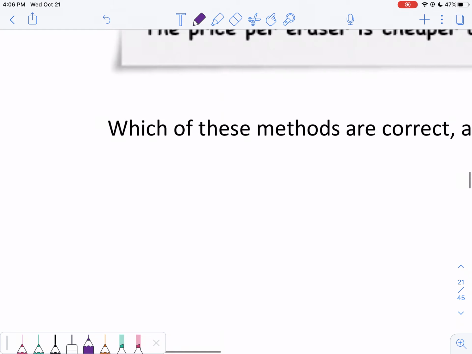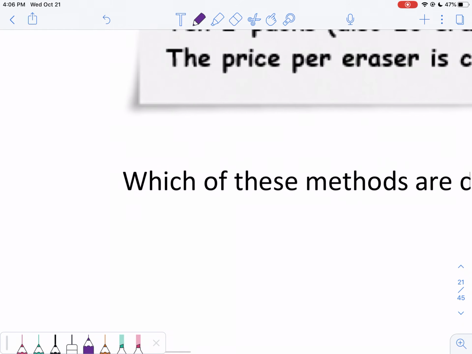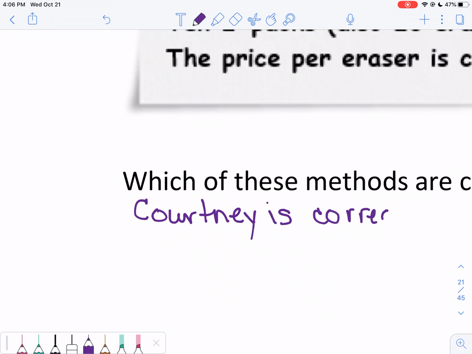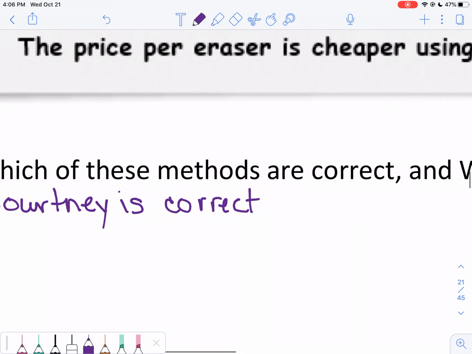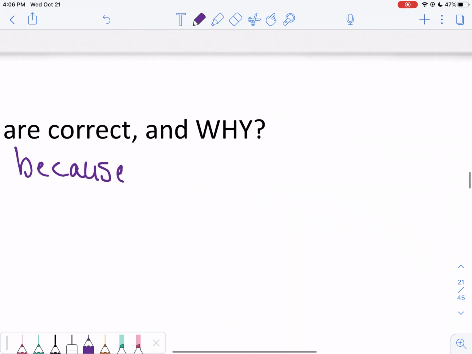Well, we can start with Courtney. Courtney is correct because she used a unit rate, just like we did.